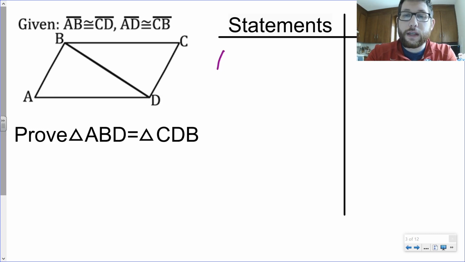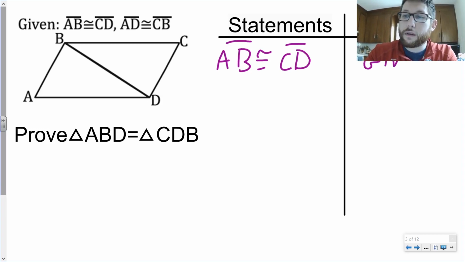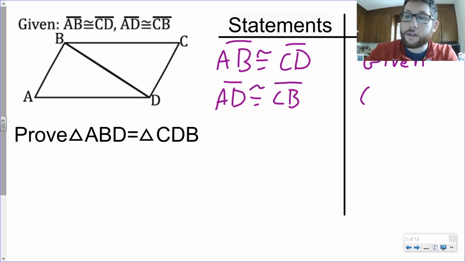So I'm going to put those here. AB is congruent to CD, and the reason there is given. Let's look at the next one. AD is congruent to CB. Same reason, also given.